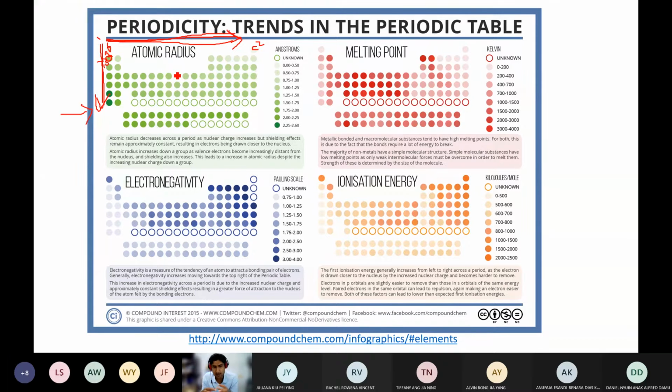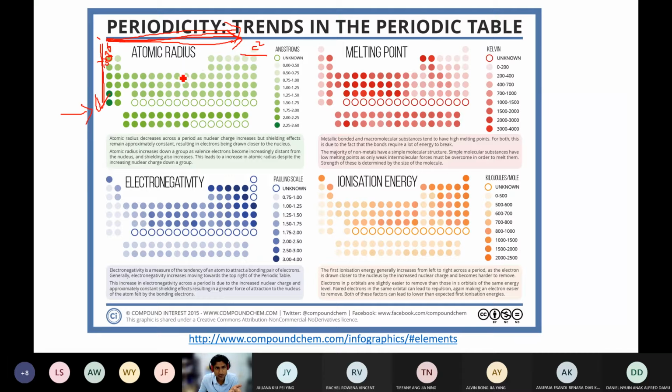I'm talking about the electron because the electron is on the outer side, and it determines the size, right? So since electrons increase from left to right, the size of the atom was supposed to increase, but it is the opposite.